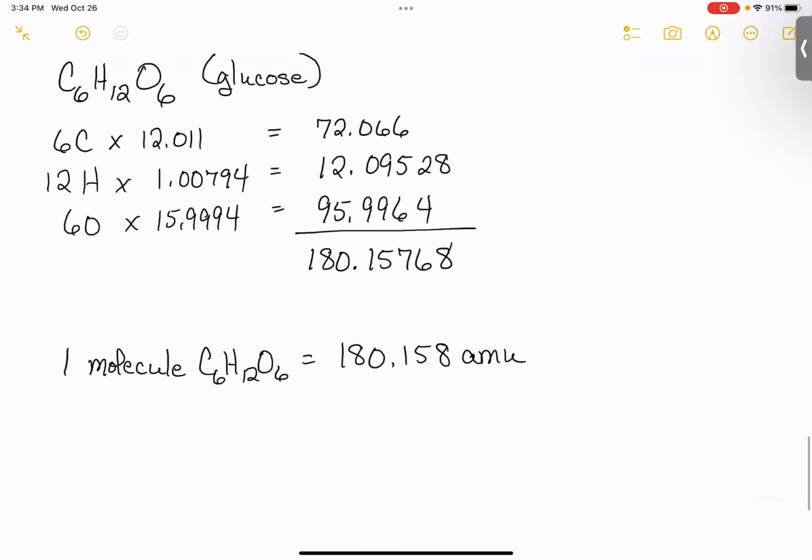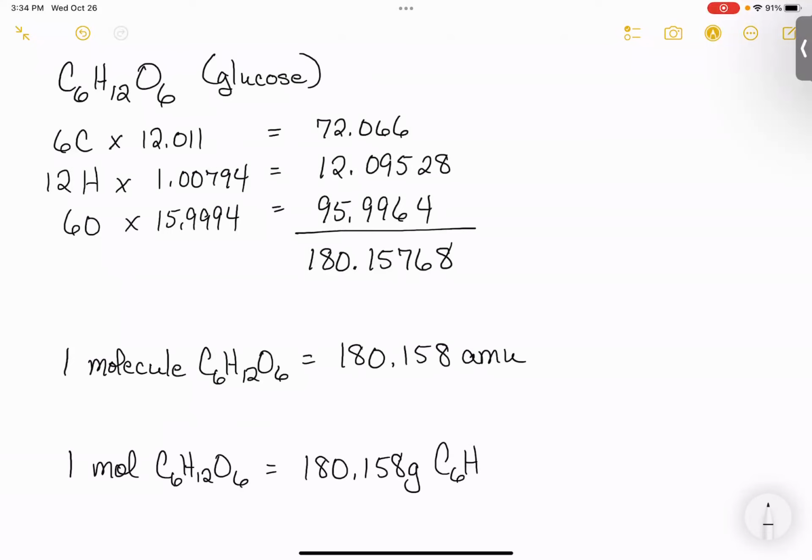But if we are talking about 1 mole of the material, then it's going to have a mass of 180.158 grams for that glucose, for that mole of glucose. Questions?